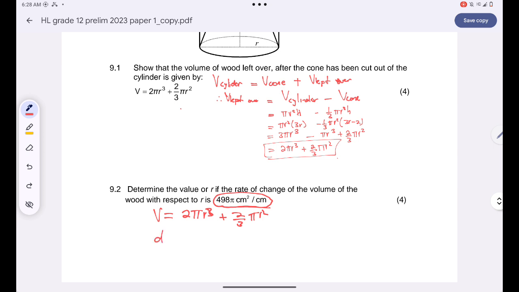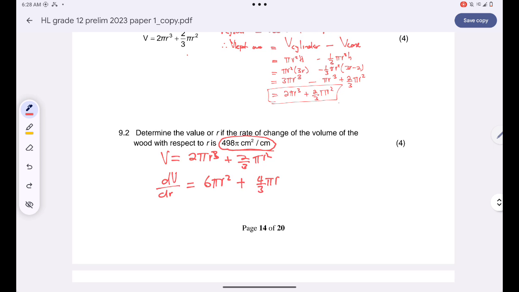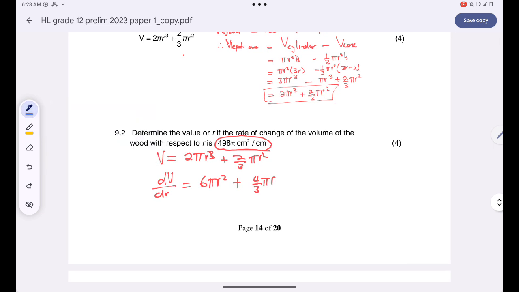So the derivative of our volume with respect to R is equal to 6 pi r squared plus 4 over 3 pi r. They are telling us that the derivative is equal to 498 pi centimeter squared per centimeter. This is equal to 6 pi r squared plus 4 over 3 pi r.